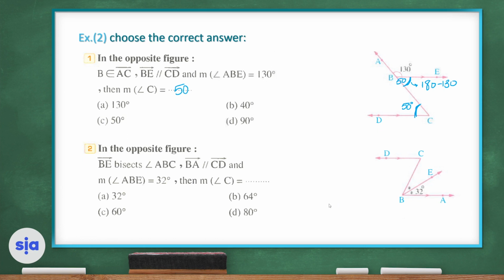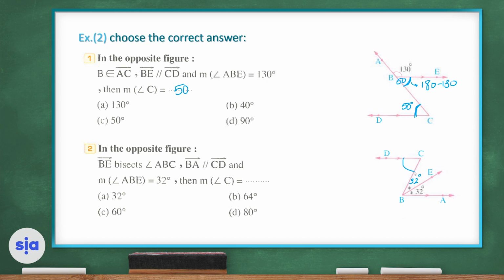Question 2. In the opposite figure, if BE ray bisects angle ABC, then if this is 32 degrees, this one is also 32 degrees. And the ray BA is parallel to the ray CD, and angle ABE is 32, then what is the measure of angle C?